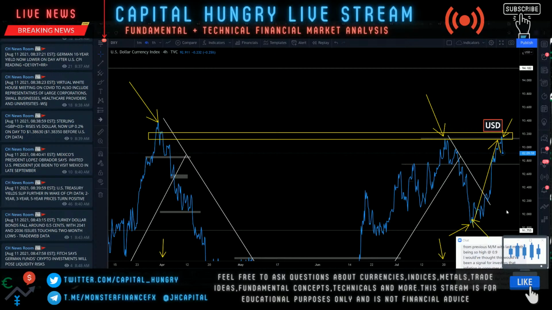And why this increases the value of the US dollar is because it shows investors that the Federal Reserve, the central bank for the US, is getting closer and closer to raising interest rates or tapering off stimulus support.